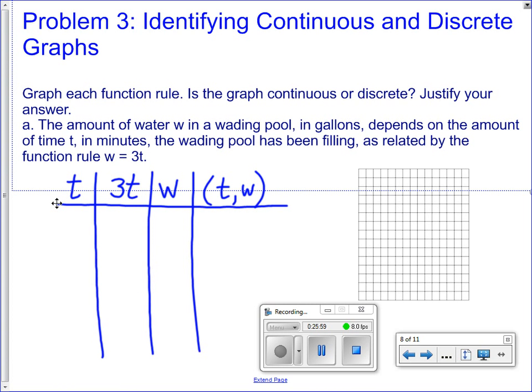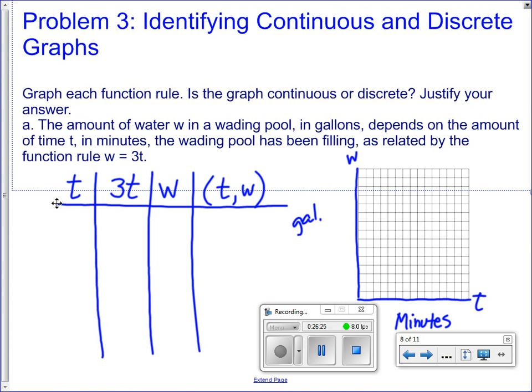Now I'm going to go ahead and get my graph ready. This will be my t-axis, and this will be my water axis. And my water is in gallons. Okay. My time is in minutes.